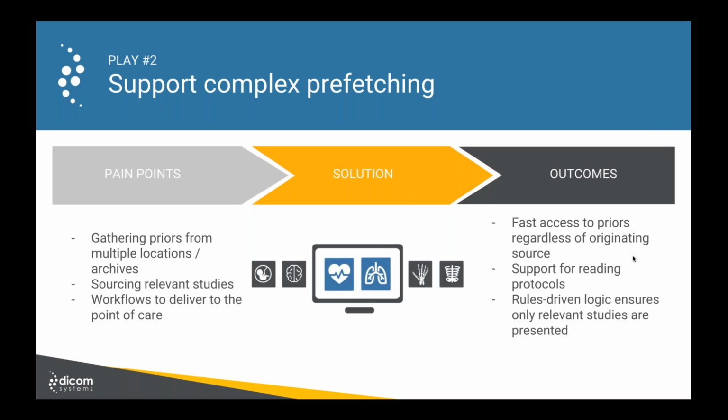So if Foundation is the exclusive provider for radiology for a hospital since 2012, and we're keeping everything, it wouldn't make sense to fetch priors from 2014 because they're already in our VNA. That is a way in which Dicom Systems can help reduce network utilization, reduce time and congestion within the router itself, and allow you to only fetch what you really need.